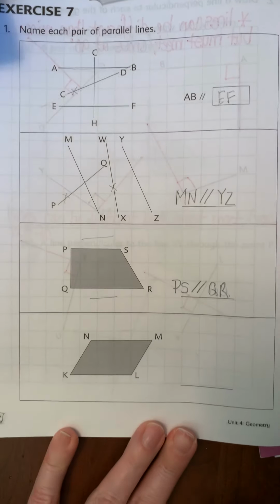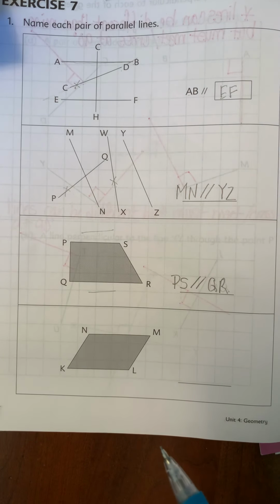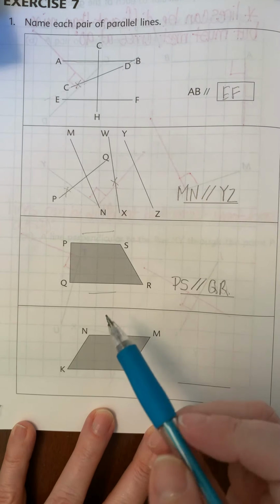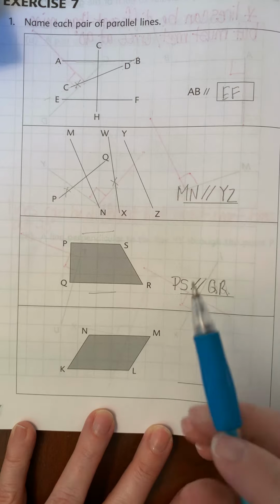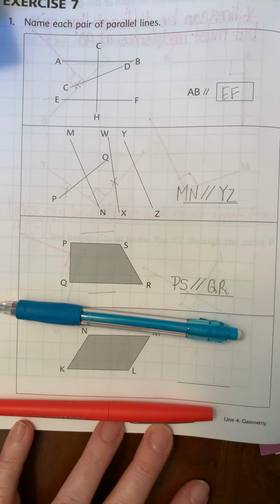Okay, and our last one. So which 2 are going to be parallel on this one? I want you to think about this one just a little bit longer than usual. What do you notice about this one? Well, we have 4 lines, don't we? NM, if I put this pencil here, and I get another pencil, and we have KL, will these lines ever hit each other?